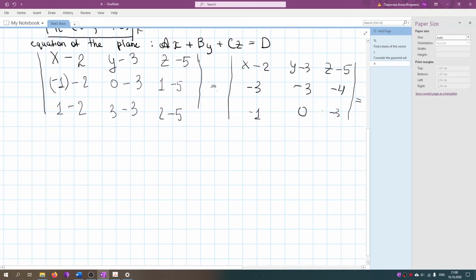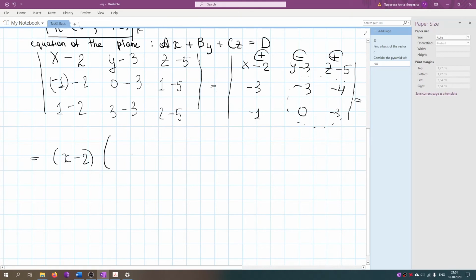So then let's simplify it. Again, here we have plus, minus, plus. So the first element is x minus 2. So we'll look on this matrix because we cross out the first row and the first column.